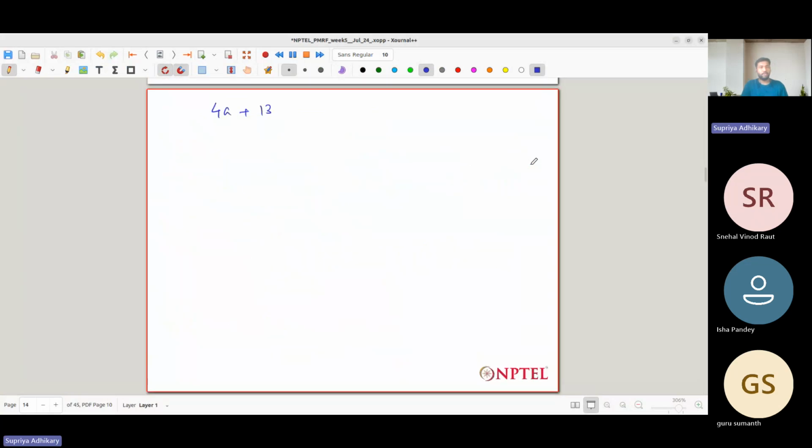Now 4A plus 13B is a multiple of 17. We can write this as 17A minus 13A plus 17B minus 4B. So that means we can write it as 17(A plus B minus K) should be equal to 13A plus 4B.